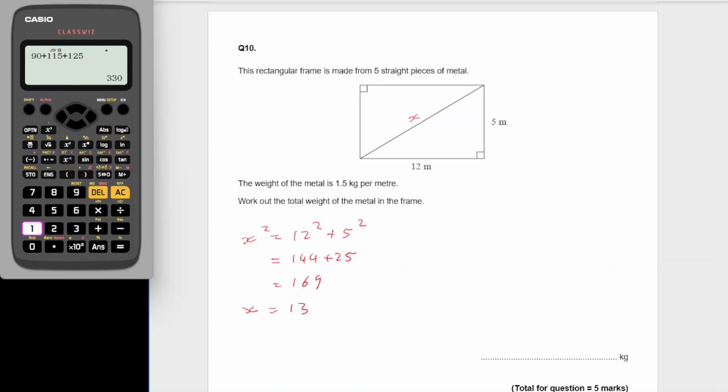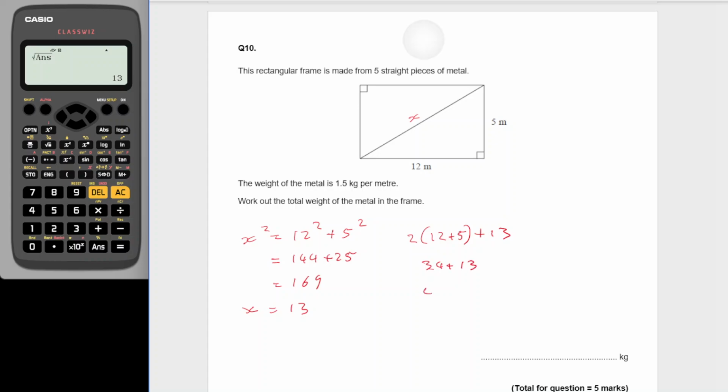Let me just double check my work in there. Very common mistakes from me. Yeah. So the total length of metal for the frame is going to be 12 plus 5 times 2 plus 13. So we're looking at 17 times 2 is 34 plus 13.